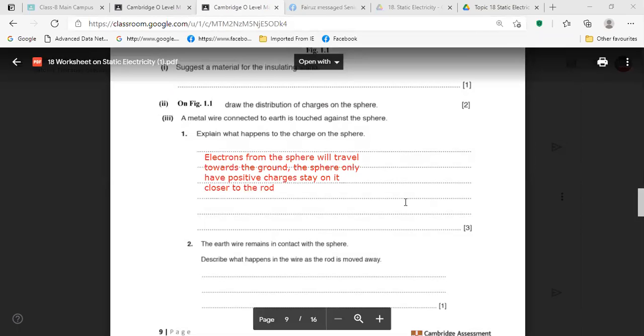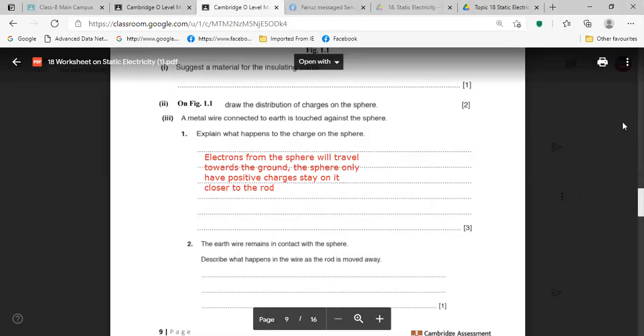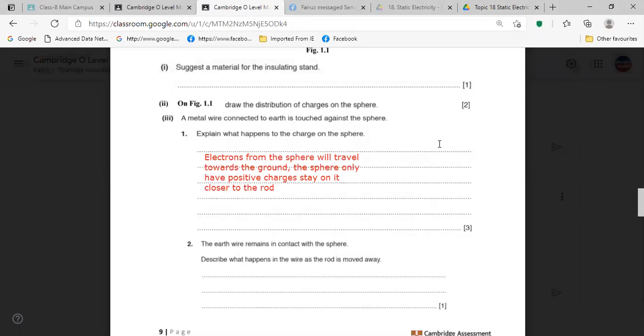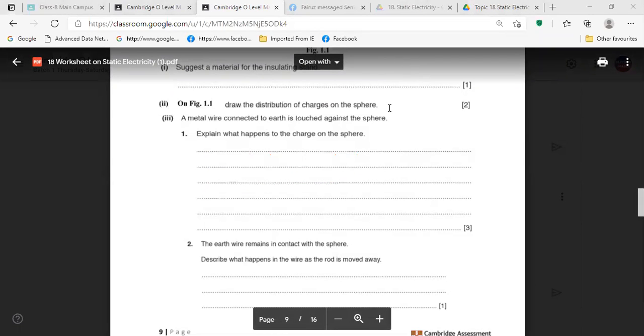Okay. So this one is a bit of a different condition. You never got this option in your notes or in your discussion. But using the ideas you got, you can find the answer. So let's go back here.